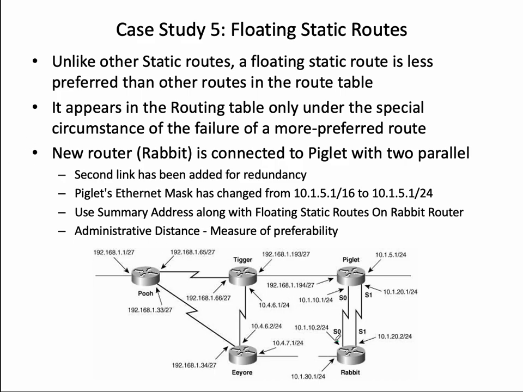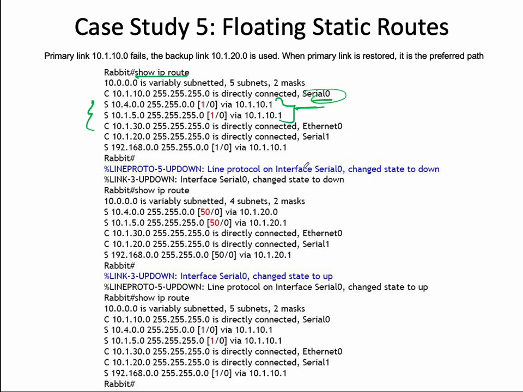Those are directly connected via serial 0. And now if serial 0 goes down, basically someone unplugged it or the cable goes bad, right? If someone damaged the cables, then what will happen? That link will go down basically.